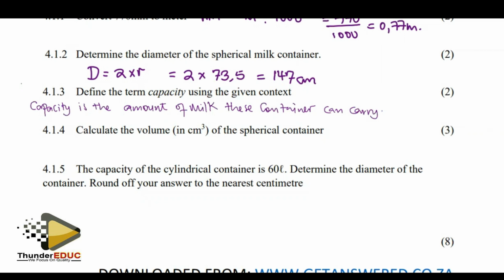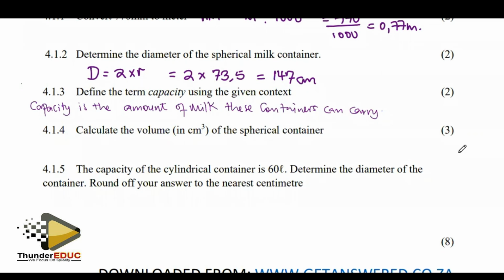The amount of milk these containers can carry. All right. That is it.